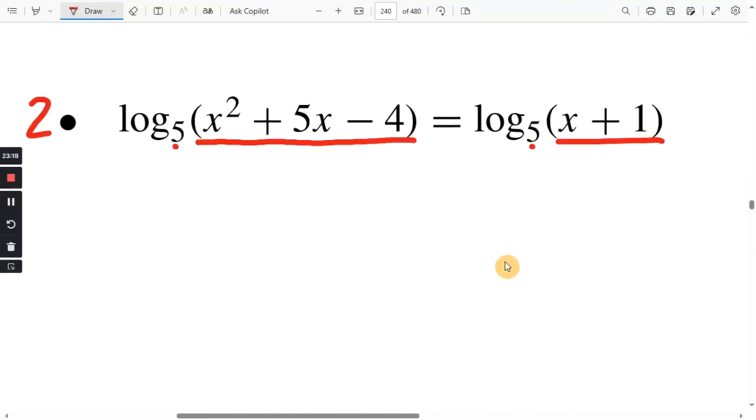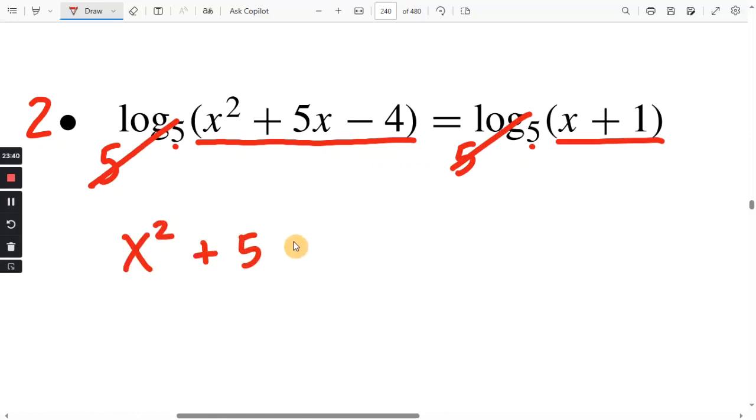If you don't believe me, you can do 5 and make this an exponent on the number 5, and you can do 5 on both sides of the equal sign. Make this the exponent on the number 5. The 5 and the log 5 both cancel on both sides. So x squared plus 5x minus 4 is going to equal x plus 1.